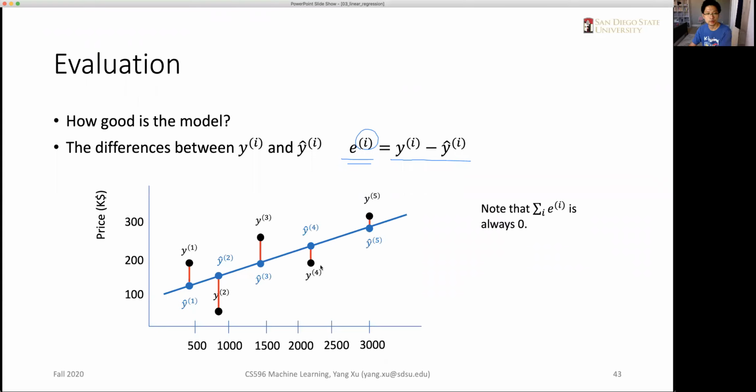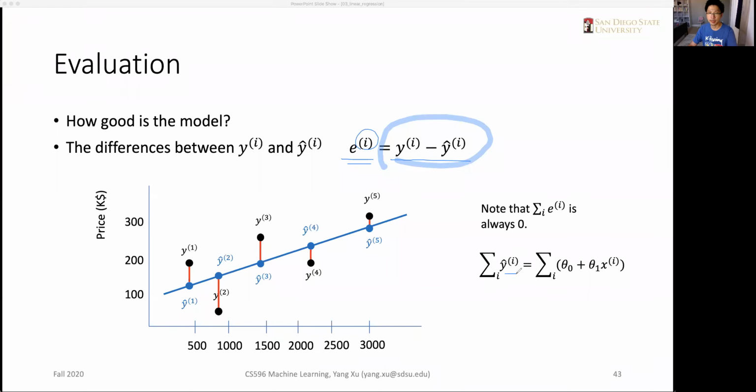If we plot the actual values in black and the predicted values in blue here, we notice that the summation of all the errors in this form is always 0. We can do the calculation by substituting the y hats into this form, and we find that all the errors always sum up to 0.